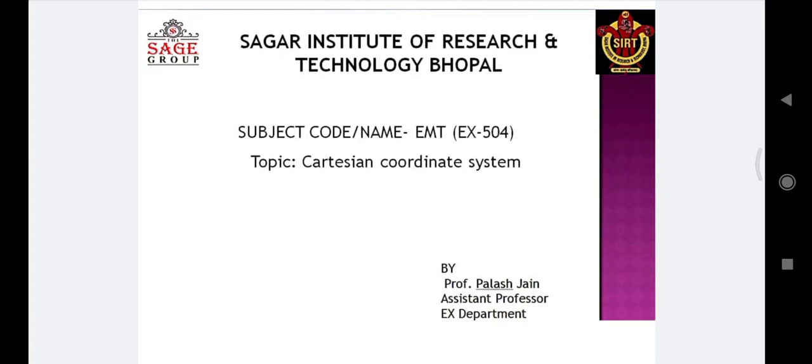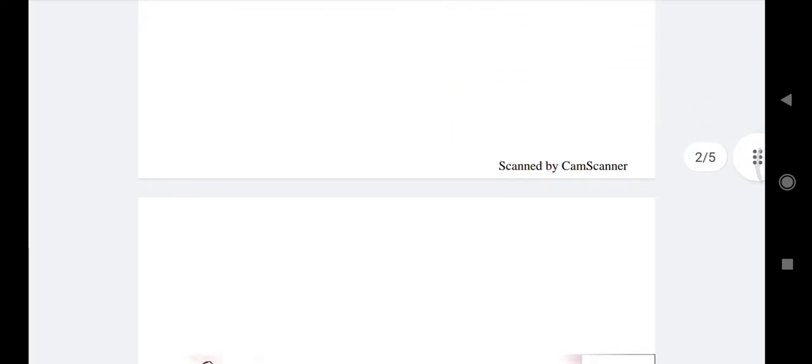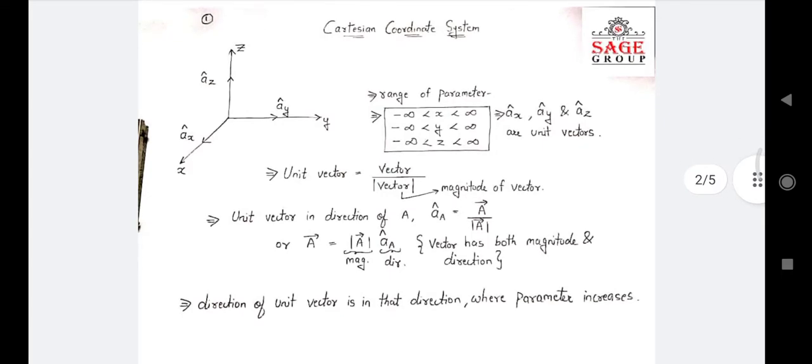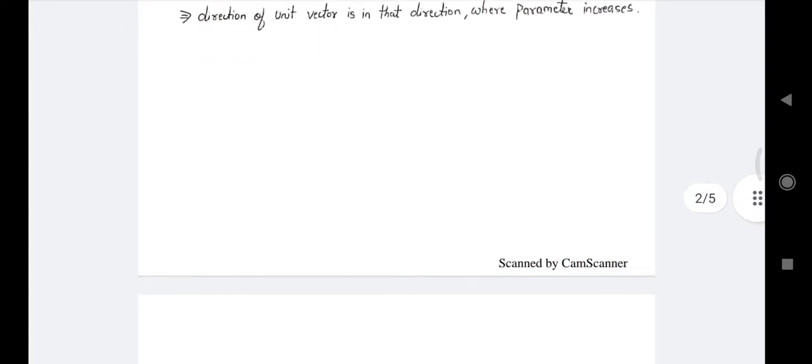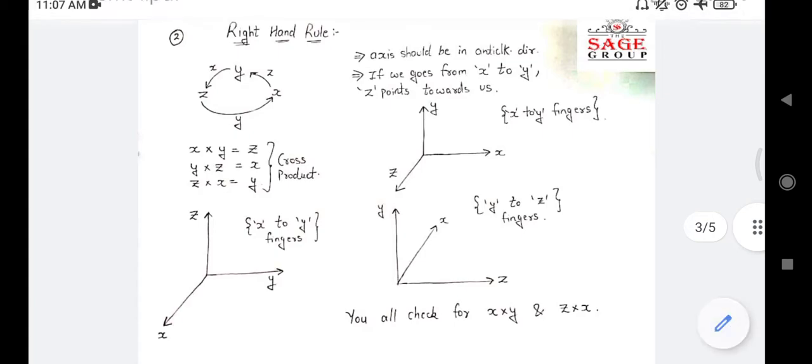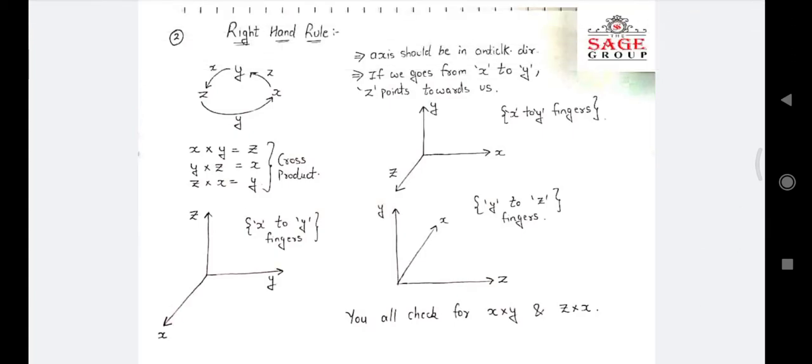Now in today's session we will see what is the utility of the Cartesian coordinate system in our subject, that is electromagnetic field theory. In our previous session we discussed the basic parameters, unit vectors, direction of unit vectors, and the right hand thumb rule, in which we see how to name the axis and how to order the axis.